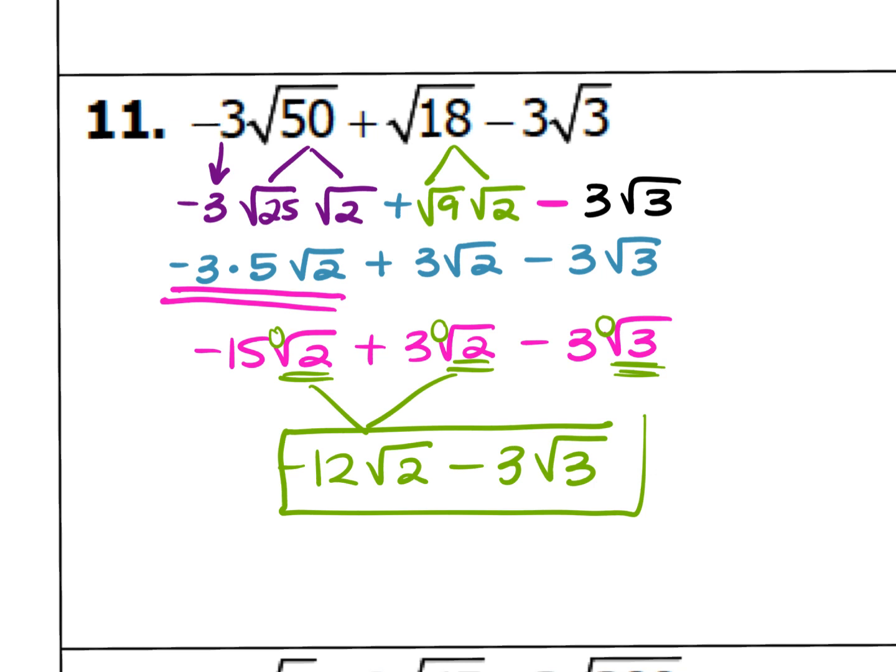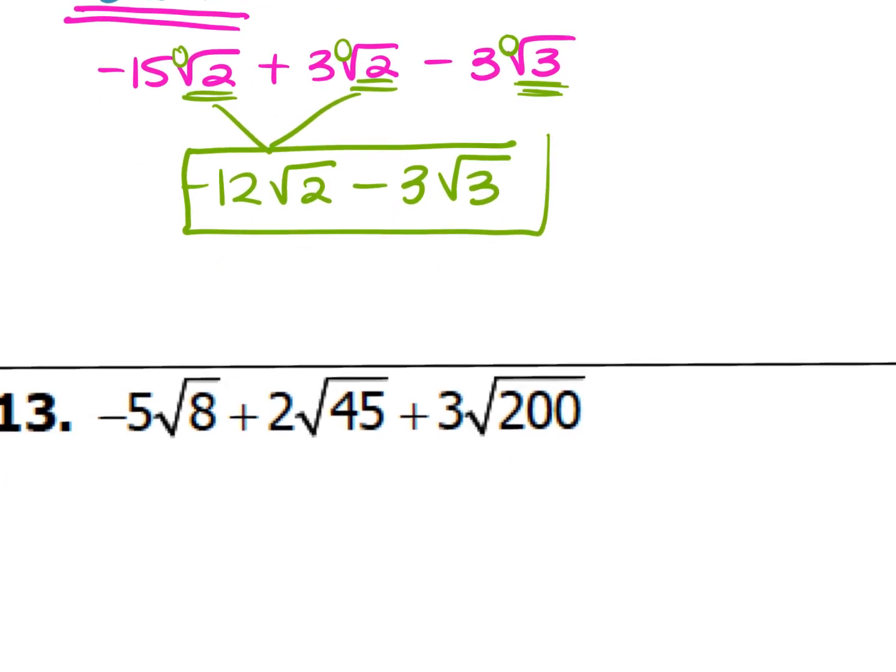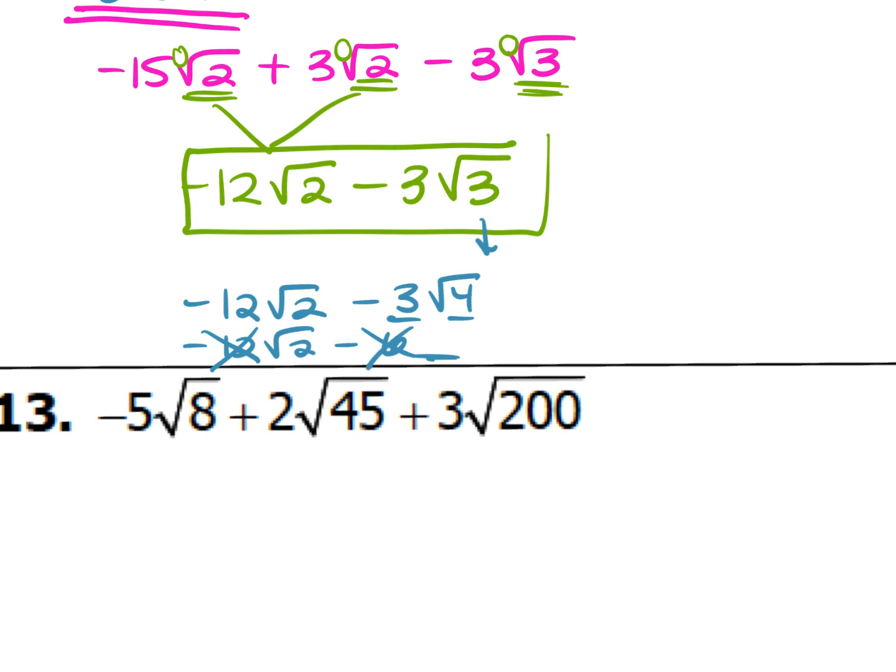Like if this is not the actual problem, but say it was -12 rad 2 minus 3 rad 4. That would be -12 rad 2 minus 3 times 2, so minus 6. That has no radical, and you can't combine those if they're not identical radicals. Okay?